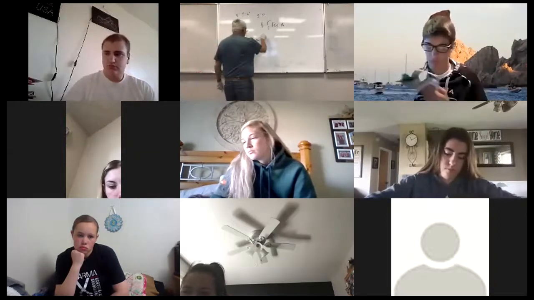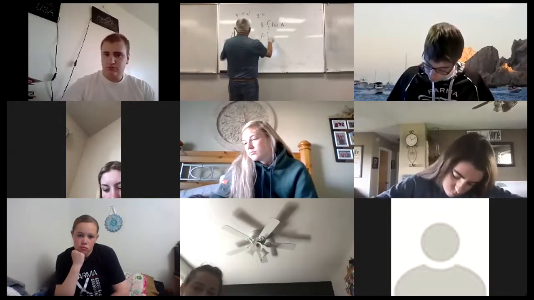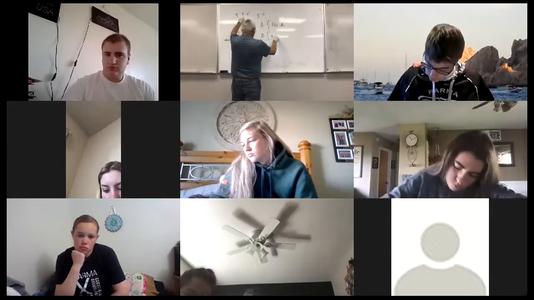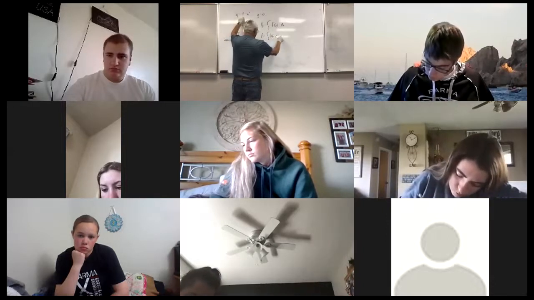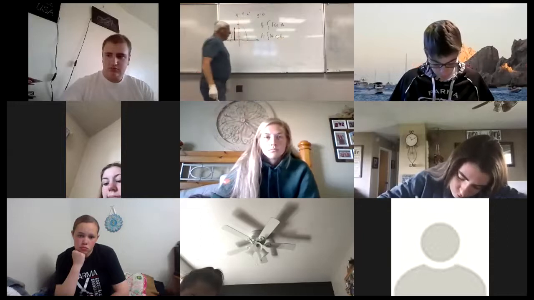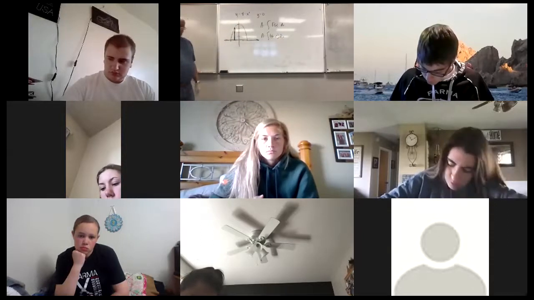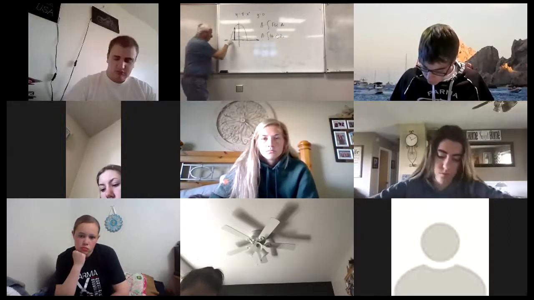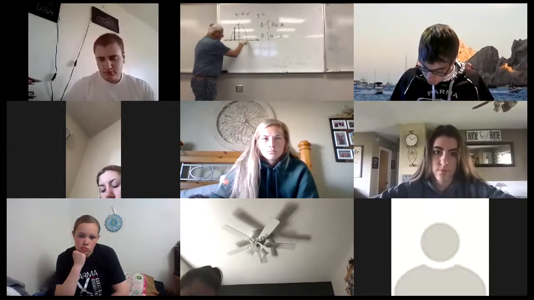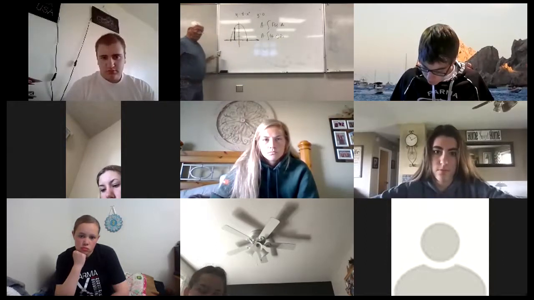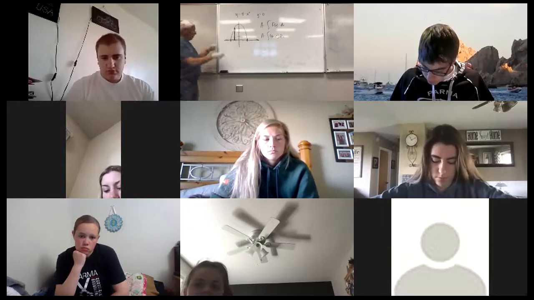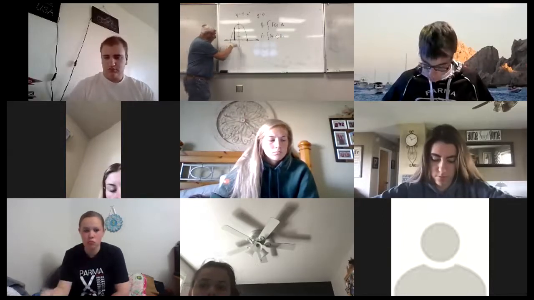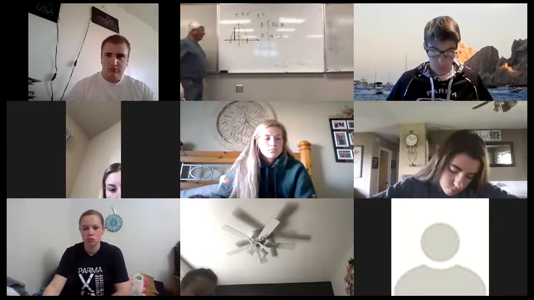So this area is going to be 4 minus x squared dx. And we're going to integrate that from this point right here to this point right here. So this point is -2, this point is +2.